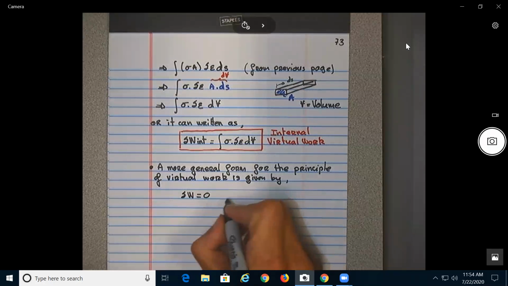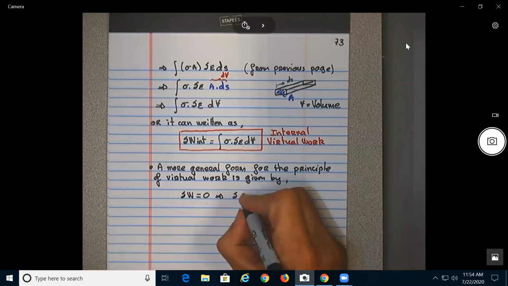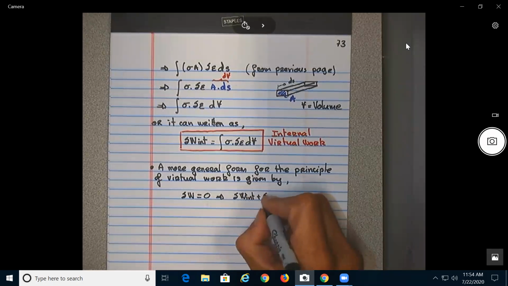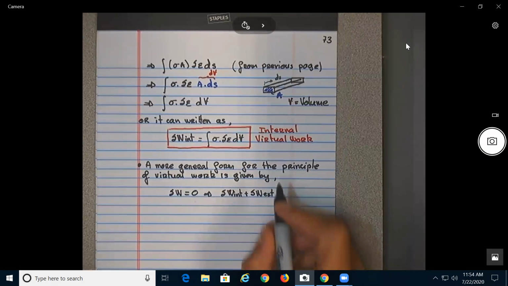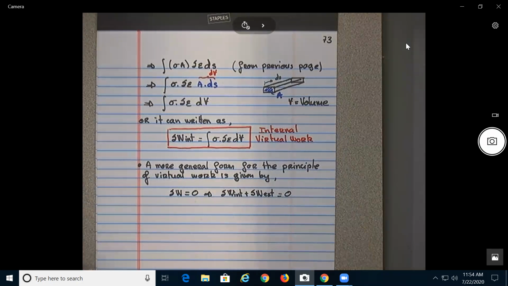So now let's just say we can write this one as, we can break this component into two. We're going to have internal virtual work plus external virtual work. And this must be equal to 0, okay?